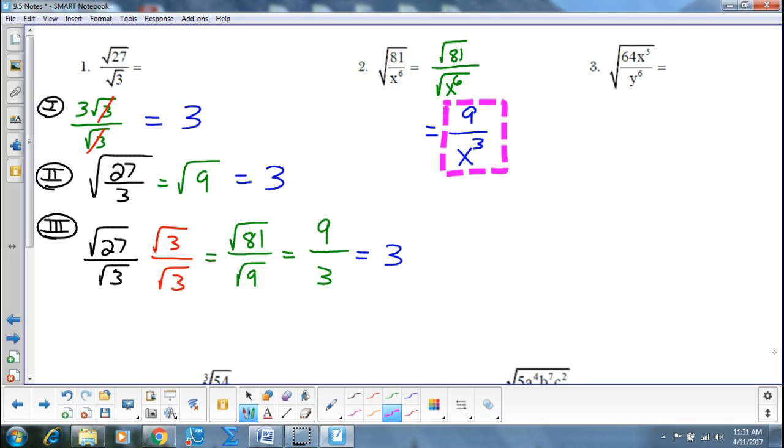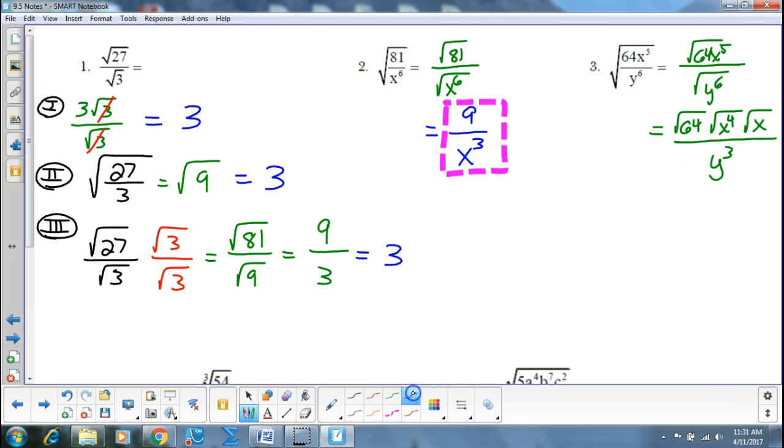So I would probably rewrite this one as the square root of 64x to the 5th over the square root of y to the 6th. Because then that would become the square root of 64, the square root of x to the 4th, and the square root of x all over y cubed.